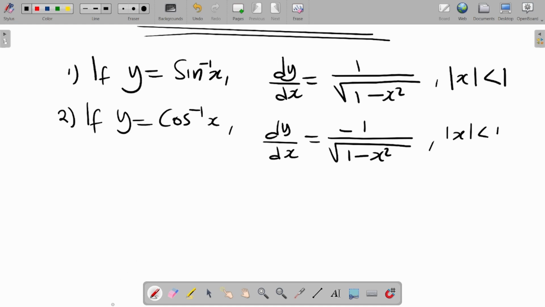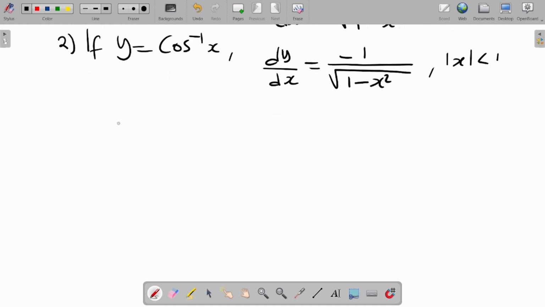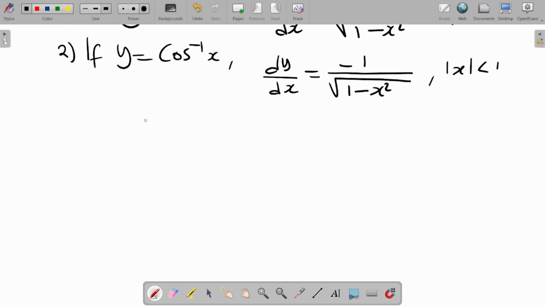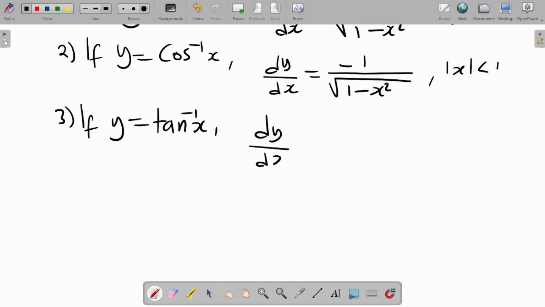Number 3. If you have talked about sine inverse and cos inverse, obviously the next step is to talk about tan inverse. So if y is equal to tan inverse of x, then dy over dx will be given by 1 over 1 plus x squared.